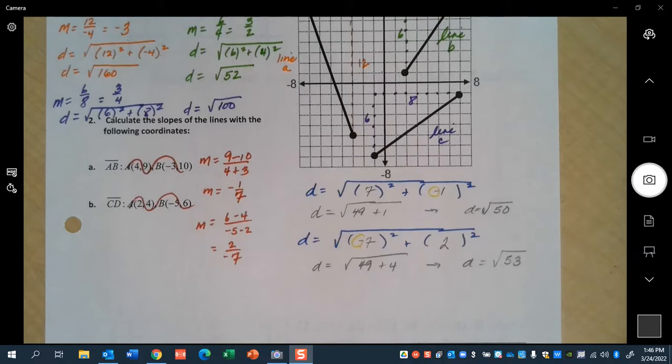I on purpose did not ask you to find the distance because I wanted to show you this, because I'll have kids do this math and then they'll turn around and do the same exact math.